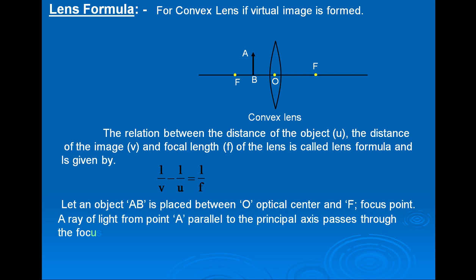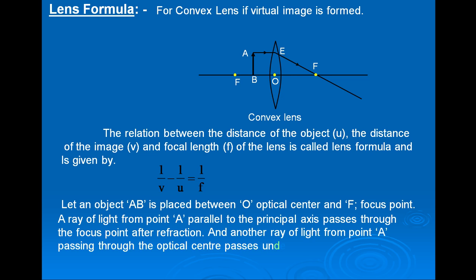A ray of light from object A parallel to principal axis passes through the focus point after refraction, according to first rule to draw ray diagram. This is the incident ray AE, which is parallel to principal axis, and it passes through focus point after refraction.